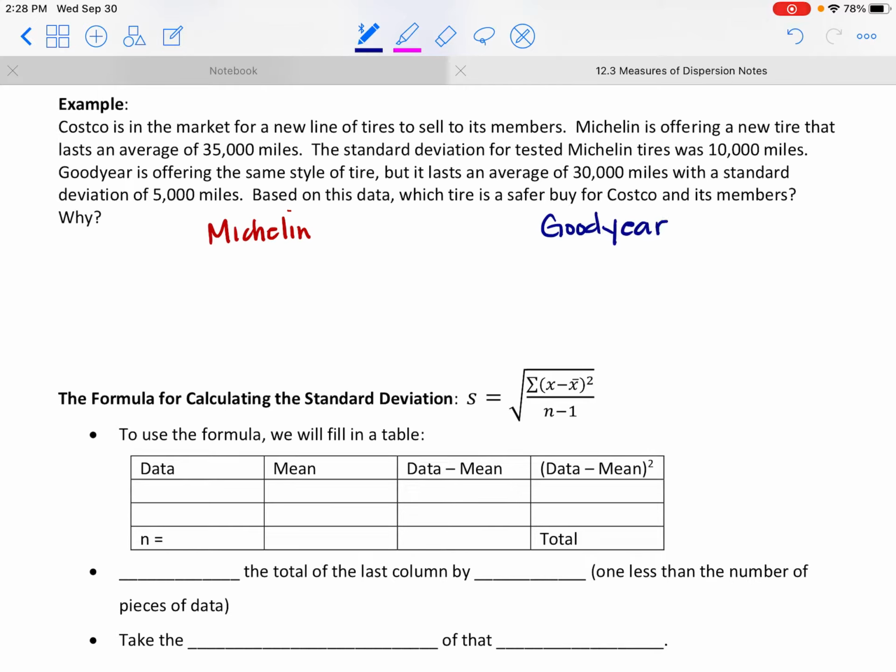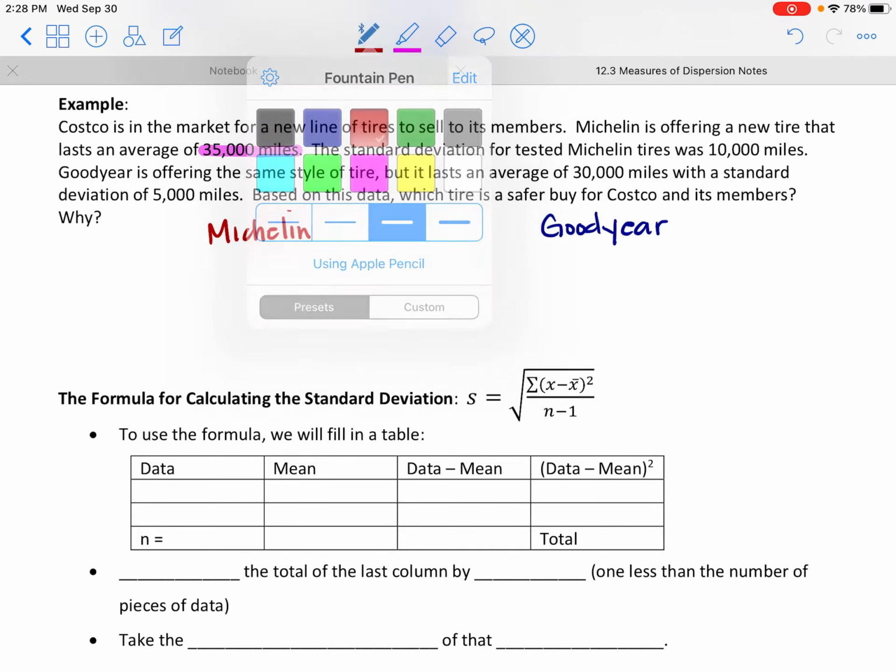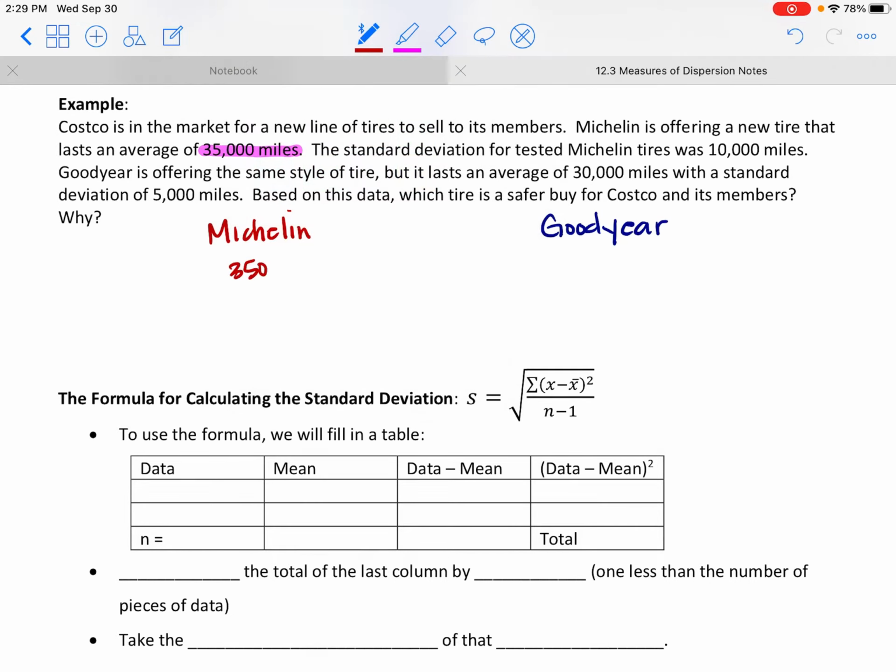Okay, so it says for Michelin, let me highlight some Michelin facts here. Michelin's offering a new tire. The average is 35,000 miles. And then when it says that the standard deviation is 10,000 miles, that means, again, a really general idea: on average, the number of miles that the tires will last is going to deviate by about 10,000.